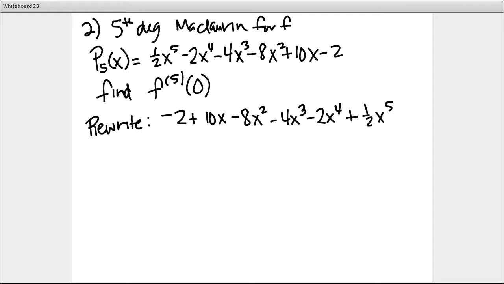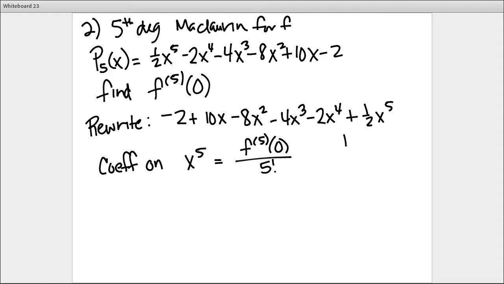And so what I know is that the coefficient on the x to the 5th term, if you were building it from scratch, would be equal to the 5th derivative at 0 all over 5 factorial, right?